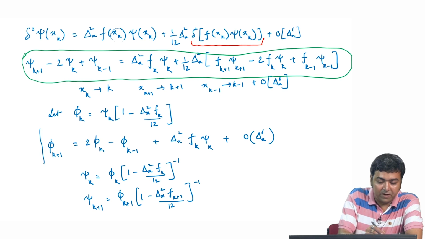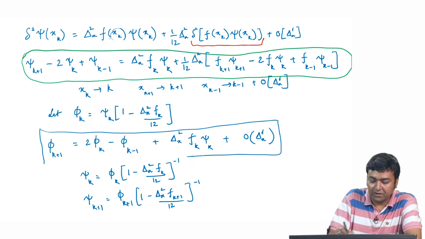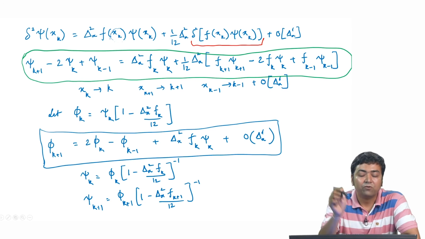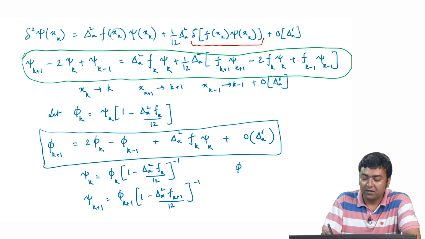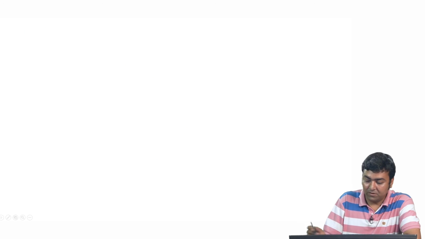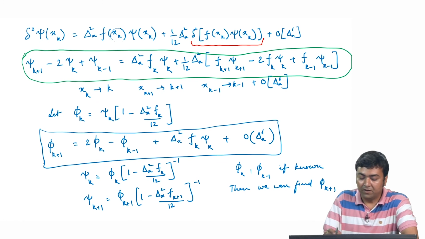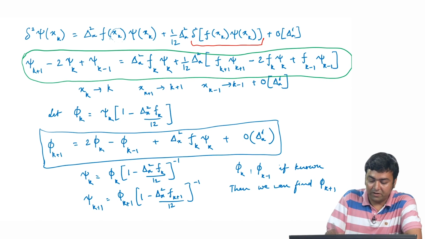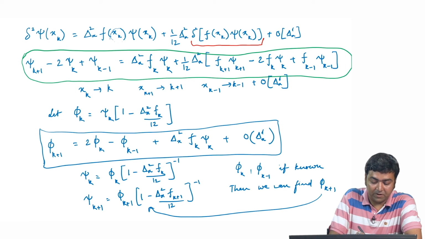So, this is my equation. What it tells me is that if phi k and phi k minus 1 are known, then we can find phi k plus 1, and once we know phi k plus 1, by putting it in this equation we can find psi k plus 1 also.